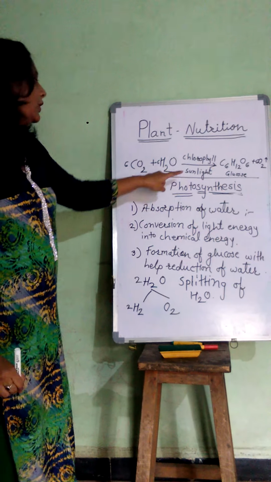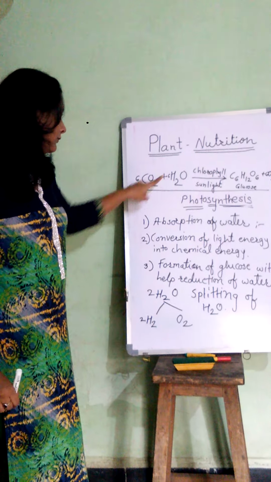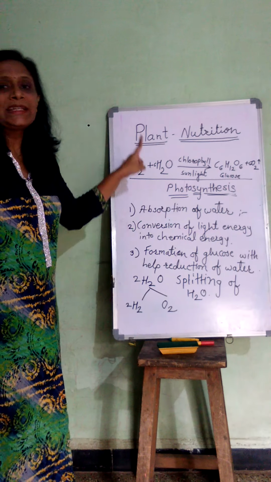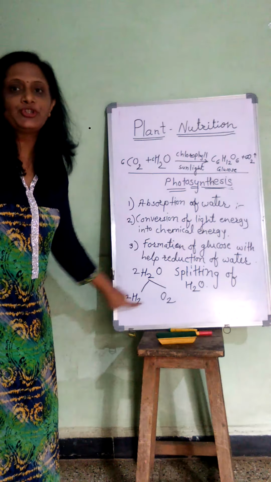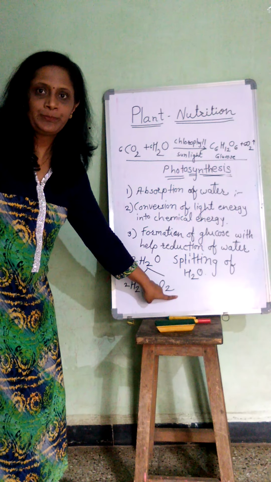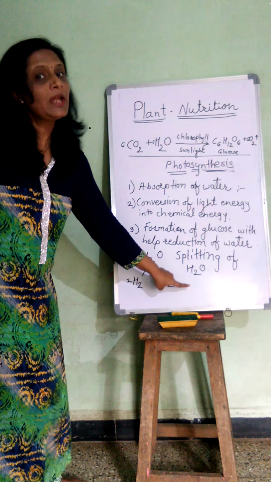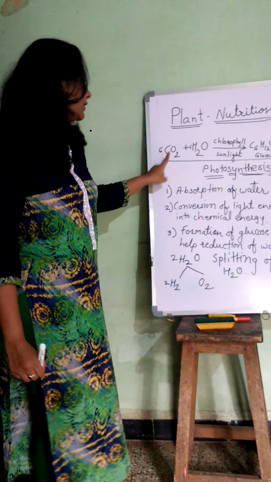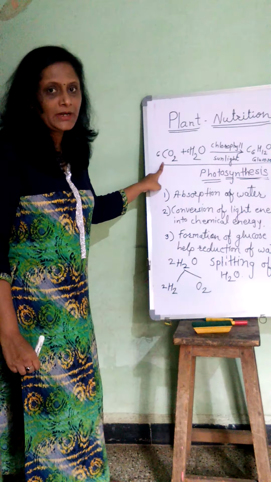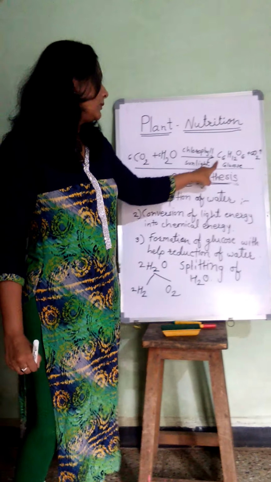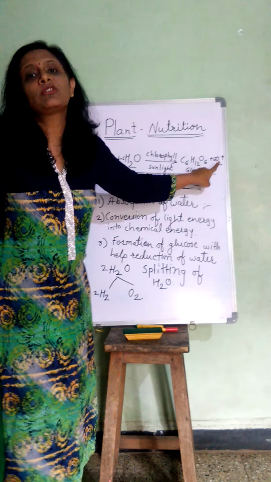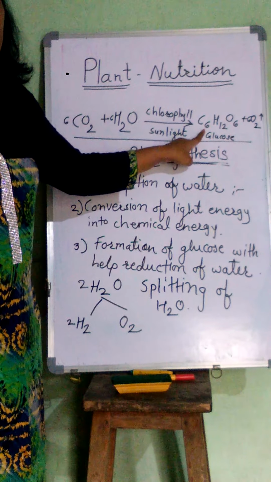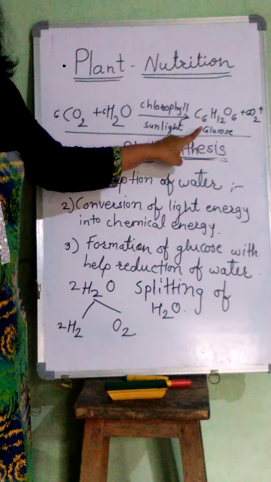Because of the sunlight, the water molecule H2O is broken down and separated as hydrogen and oxygen, and these separated hydrogen and oxygen are further mixed with the carbon dioxide for the formation of carbon, hydrogen, oxygen molecule, that is nothing but the carbohydrate, or glucose.